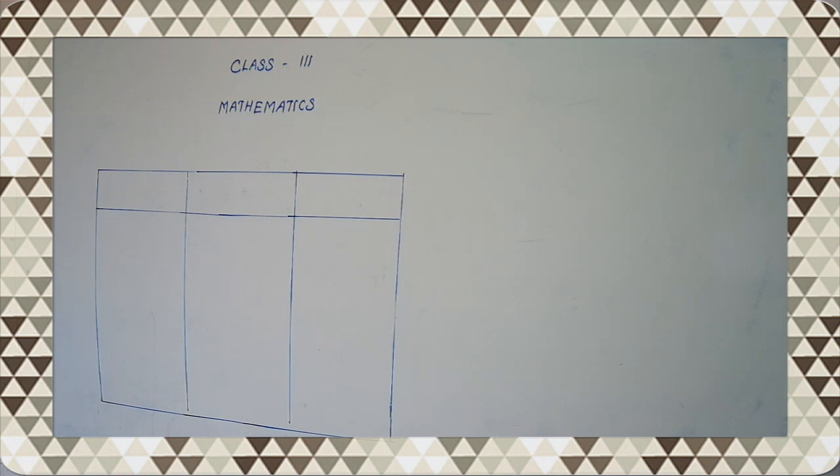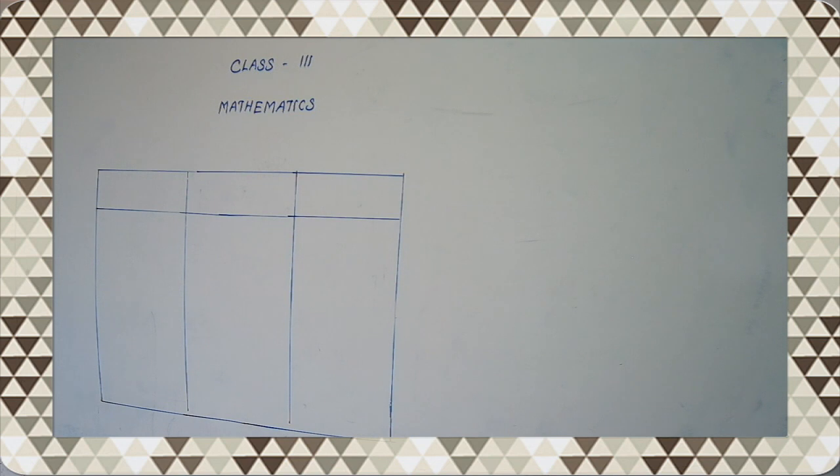Shall I ask a question? Okay. What is the smallest 3-digit number? The smallest 3-digit number is 100. Yes or no children? Yes. The smallest 1-digit number is 1.